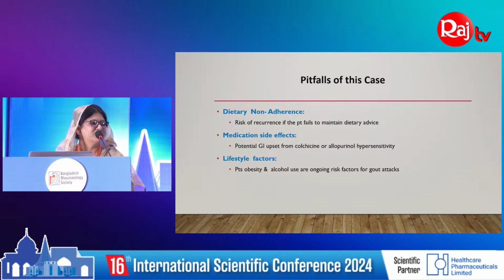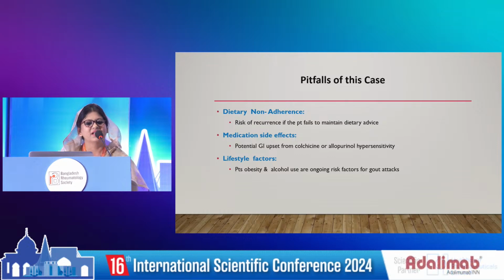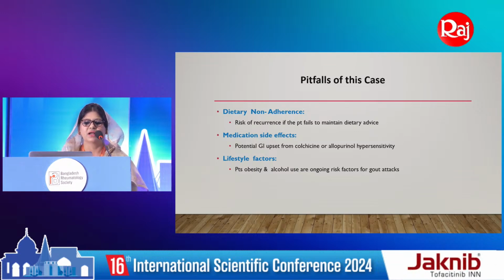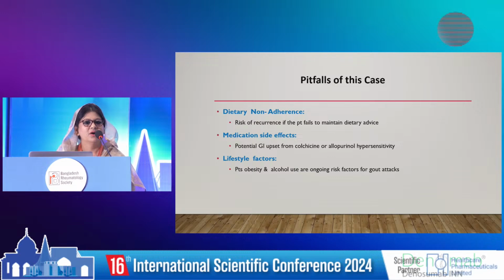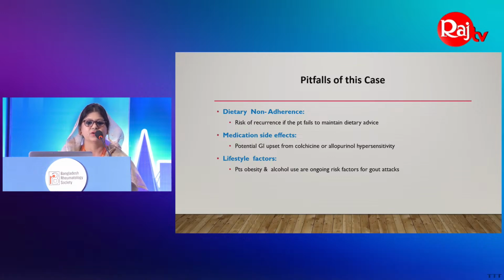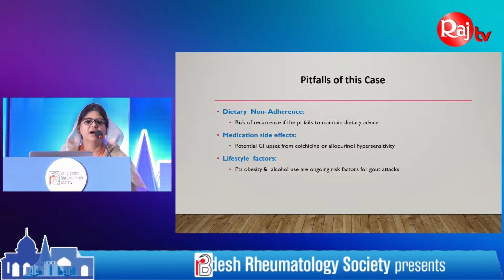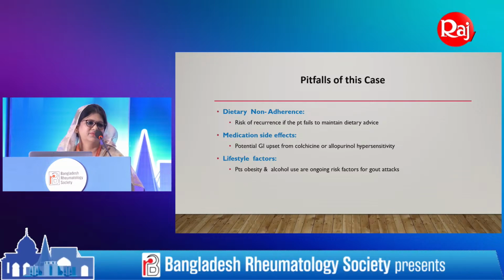And the most important thing is lifestyle factors. Obesity and alcohol are ongoing risk factors for gouty attack. So if the patient fails to watch his body weight and alcohol use, he cannot prevent further attacks.